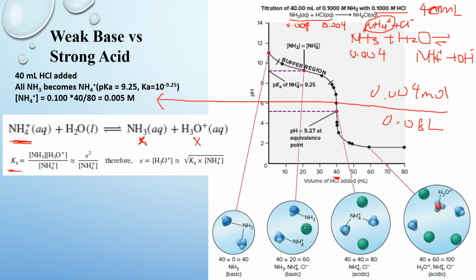After you calculate x, x should be equal to 10 to the negative 5.27, so the pH will be equal to 5.27. As you can see, at the equivalence point, the pH is lower than 7, so it is a little bit acidic, and that is because the ammonium ion is the conjugate acid of the base ammonia, so that will generate some proton.